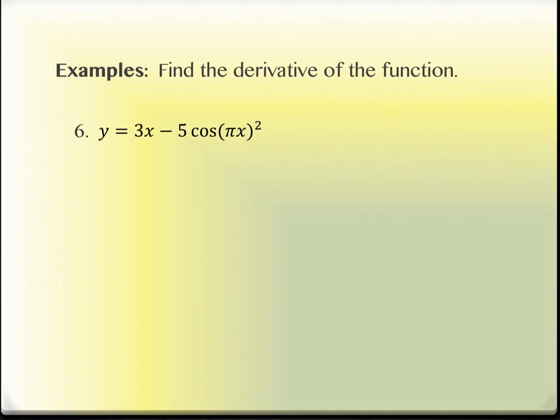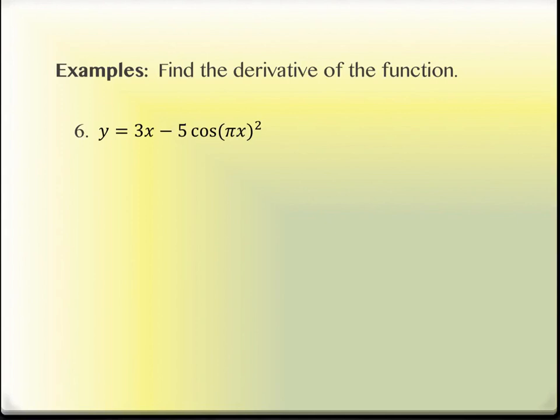How is number 6 different in the way it's presented? We have some subtraction. So part of it, the 3x at the beginning, is just a simple rule, whereas the other piece is going to be one of our new rules, the chain rule. What else?